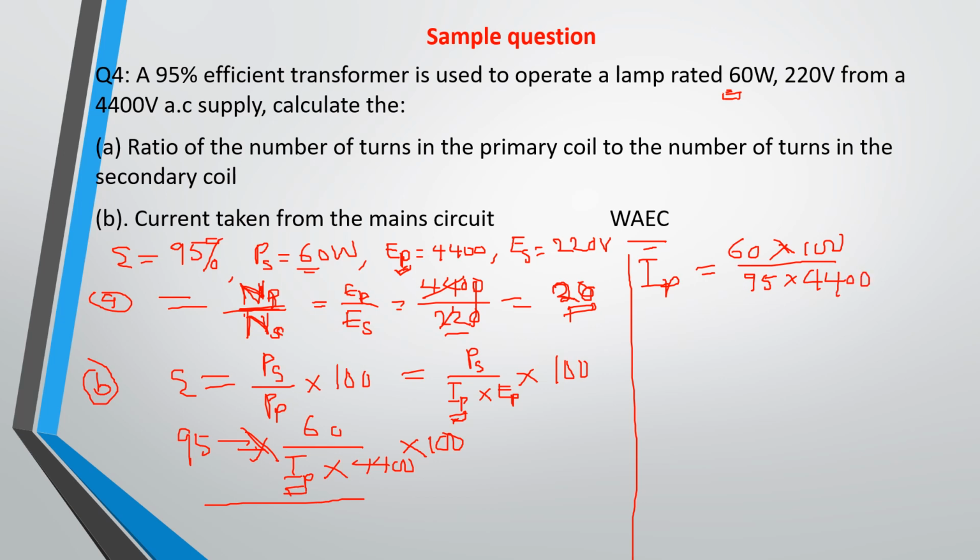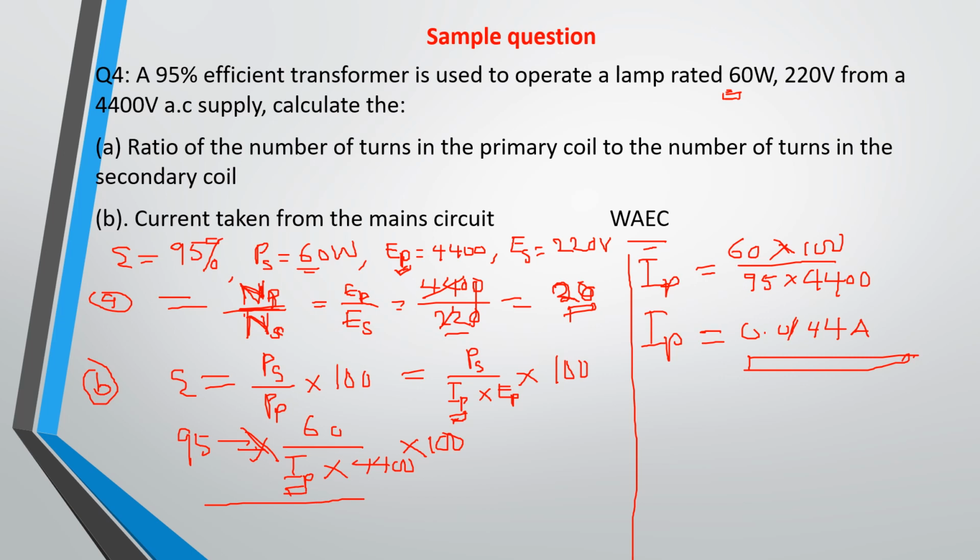Okay, so by the time you work this out with your calculator, you find out that the current in the primary, which we're looking for, is equals to 0.0144 amp. Okay, so this is a little bit tricky, but it's simple. All right, so I hope you follow through with this and you are able to understand the worked example.